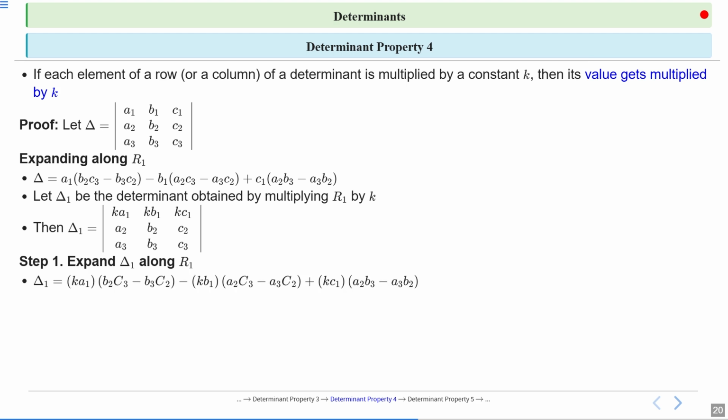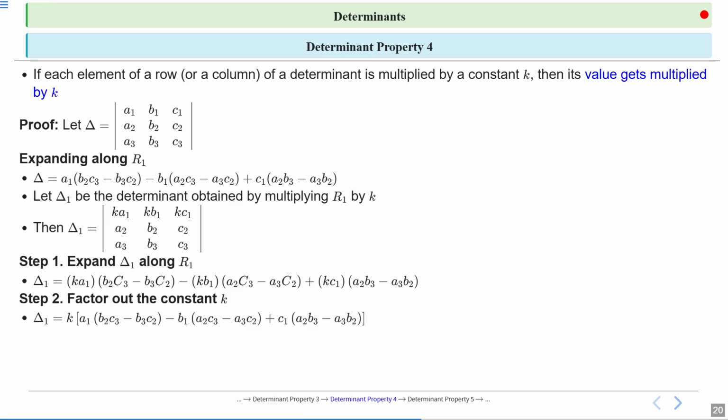So we get ka1 into b2c3 minus b3c2, minus the second element kb1 into a2c3 minus a3c2, plus kc1 into a2b3 minus a3b2. So factor out the constant k. We get k into the expression, which is exactly the same as delta.